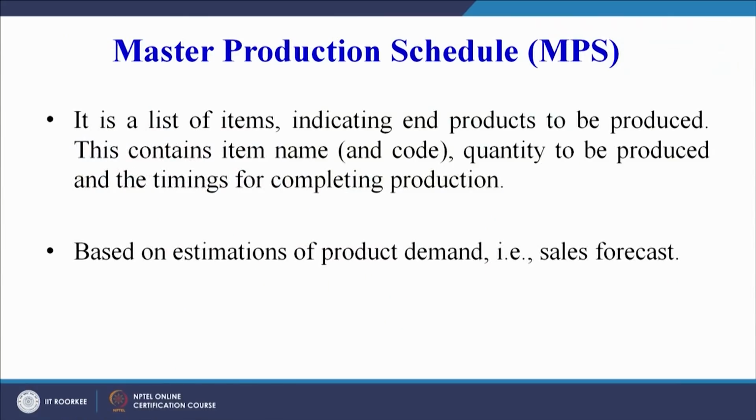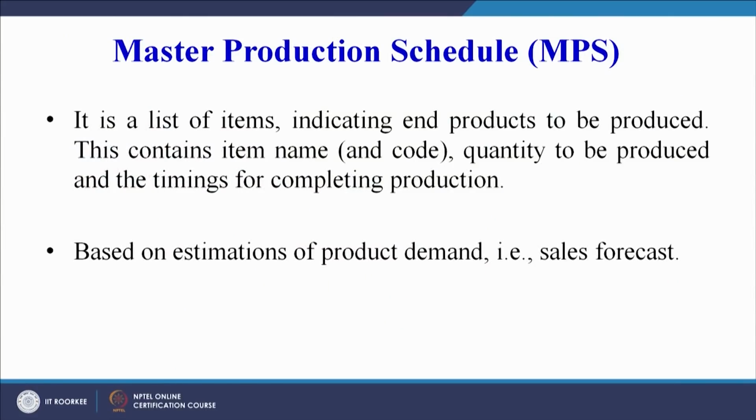We better understand the concept if we know that, to implement an MRP system, we must know what type of information we must have as an input, so that we take advantage of the system that will help us in better management of our operations. So let us take the first input, as we have seen, the master production schedule.